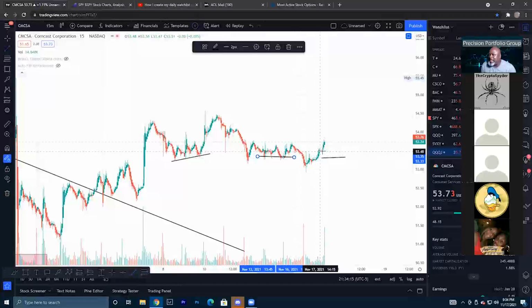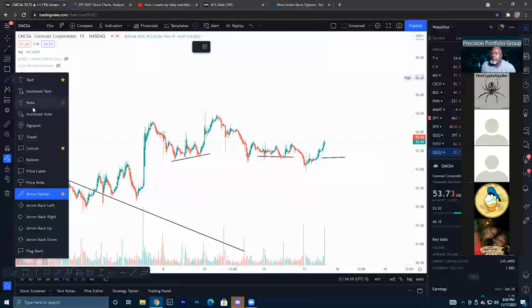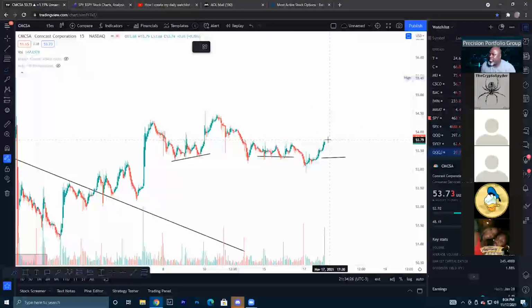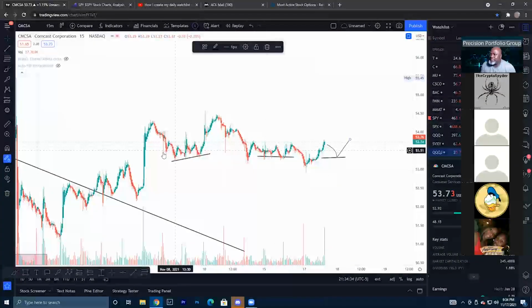It will go down to this level, bounce off, and go back up. Why? Because of the previous situation that happened before. This is the previous situation that happened before.